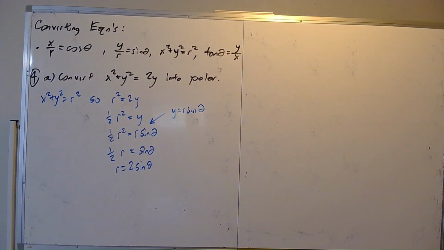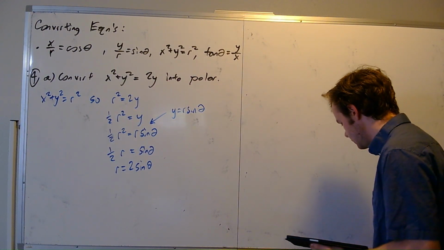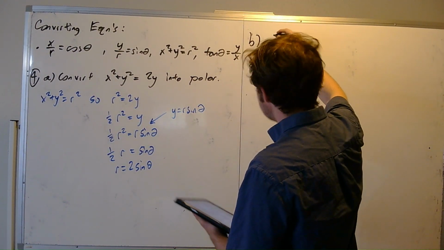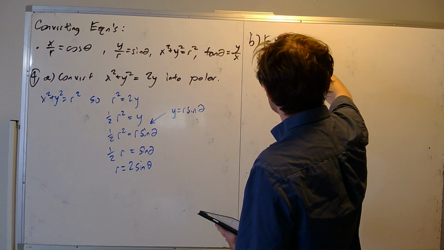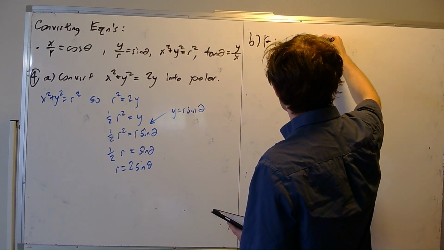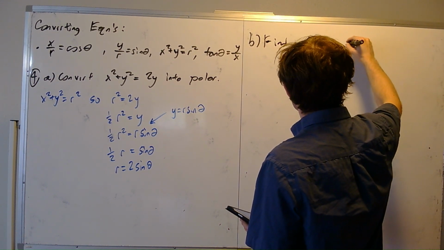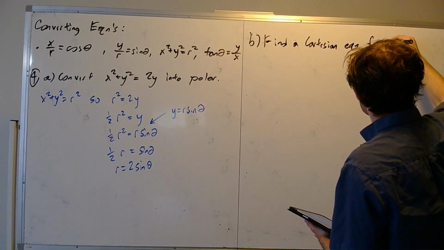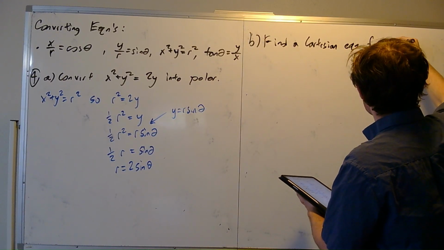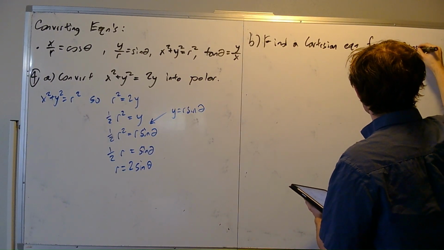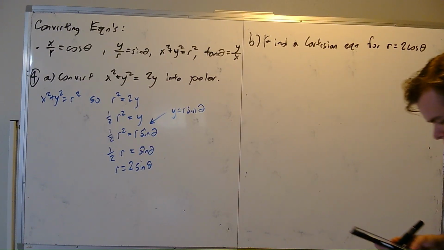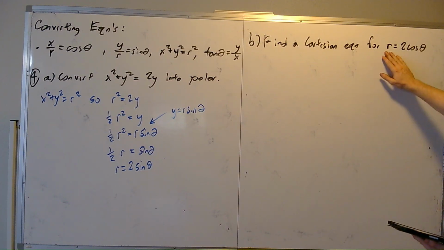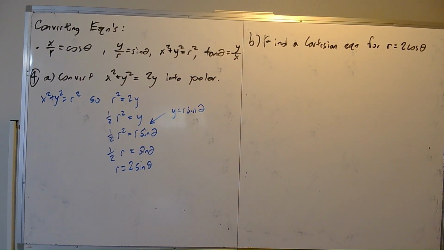Okay. So the next part B is going to say find a Cartesian equation for r equals 2 cosine theta. Notice we've got an r, and we need to replace the theta as well.